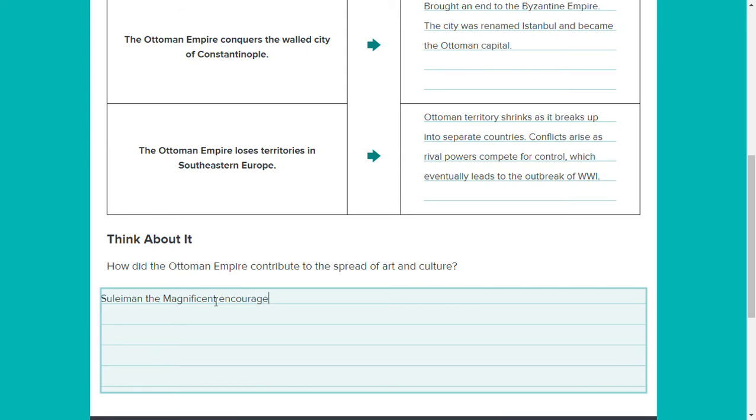He encouraged the building of mosques, Muslim houses of worship, and artistic embellishments, which means decorations of documents and household items.